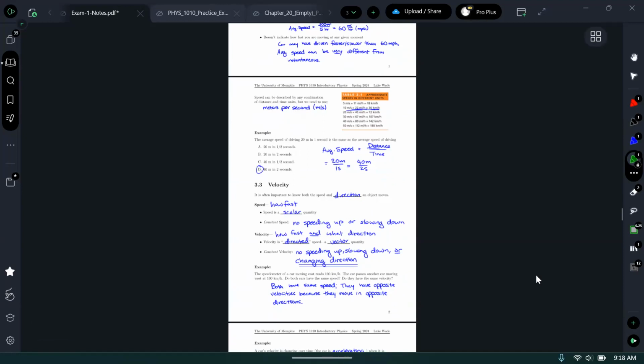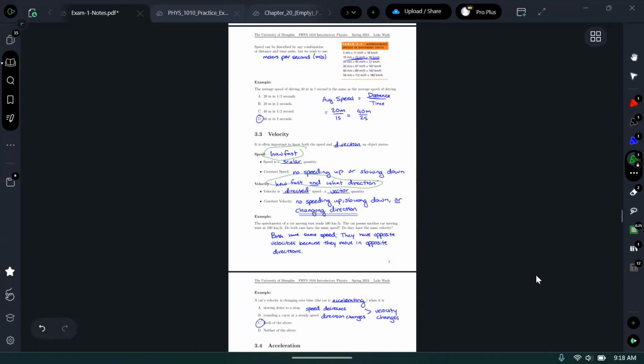So speed is the number, velocity is the number and the direction. They are different things, and that can mean that you could have a constant speed but not a constant velocity, if you were always driving at 50 miles per hour, but part of the time you're driving east and part of the time you were driving west.